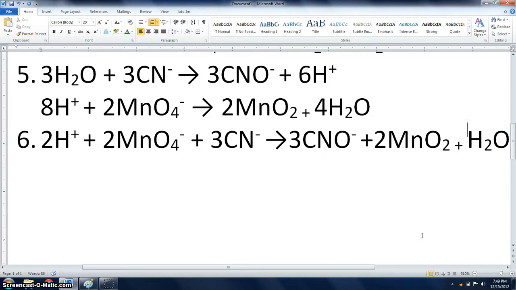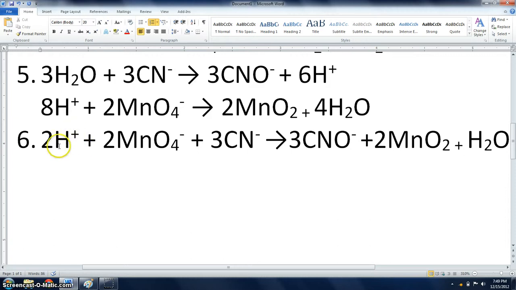Okay, and that's our combined equation if it's in an acidic environment, but if it takes place in a basic environment, you're going to have to add an OH minus for every hydrogen plus ion that you have. So we're going to go ahead and do that, and you add the OH minus ions to both sides, and then that's going to combine to give you water with your hydrogen plus ions.